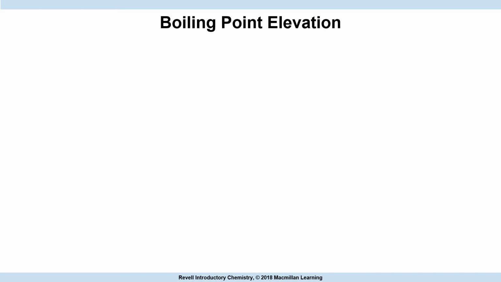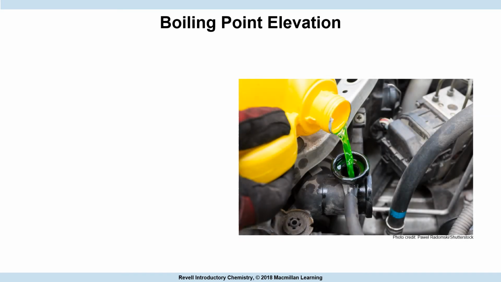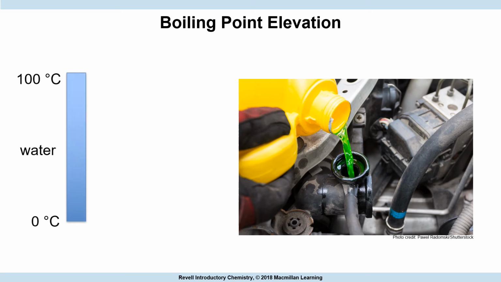Okay, boiling point's the other one. A common thing that we use to adjust boiling point is antifreeze. We put antifreeze in our engines so that we don't have the engine overheating as easily. So that's our water there. We see it freezes at 0 and boils at 100.